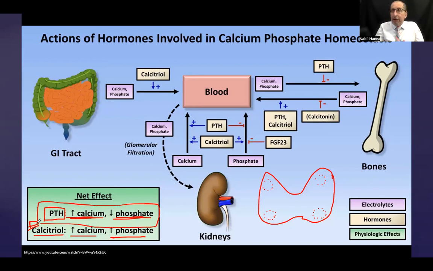How does parathyroid hormone increase calcium in the blood? It enhances calcium absorption from the gut, but this is not the major effect. Parathyroid hormone steals calcium from the bones to take it to the blood.